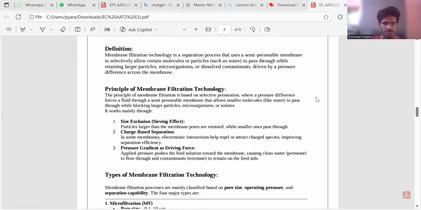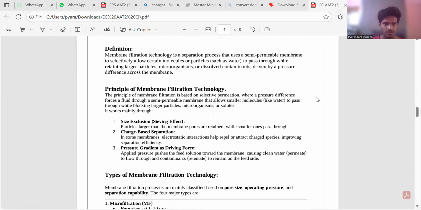The principle of membrane filtration is based on selective permeation, where a pressure difference forces a fluid through a semi-permeable membrane that allows smaller molecules to pass through while blocking larger particles, microorganisms, or solvents.